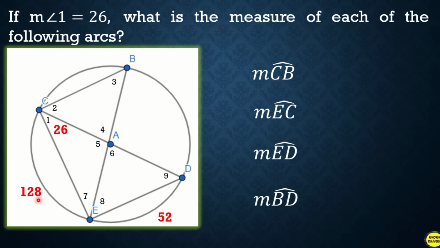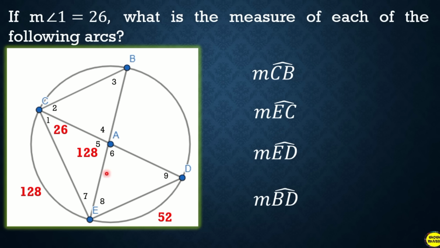And then si 128, makukuha natin yung measure ni angle 9. Tama? So the measure of angle 9 is, or for una, yung central angle muna natin na 128, pwede rin, no? Makuha natin yung 128 para makuha natin yung angle 7.